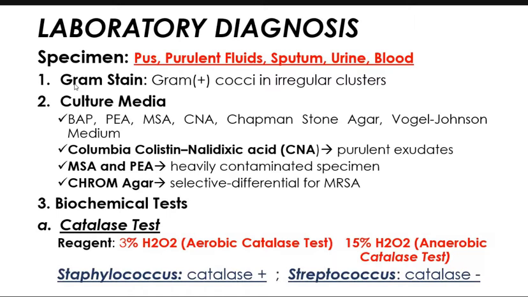Ano yung mga culture media wherein ma-grow natin si Staphylococcus aureus? So you have there now your blood agar plate, you have your phenyl ethyl alcohol agar or our PEA. Ano si PEA? Anong type of agar si PEA? Anyone? Or phenyl ethyl alcohol agar?